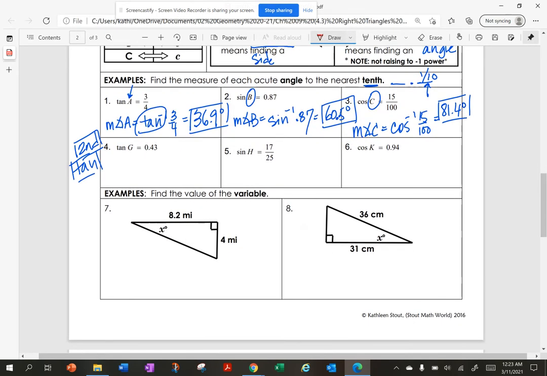How did you do? So tangent of G, so this would be the measure of angle G equals tangent inverse of 0.43, and I get 23.3 degrees. Okay, to solve for angle H, the measure of angle H equals sine inverse of 17 divided by 25.